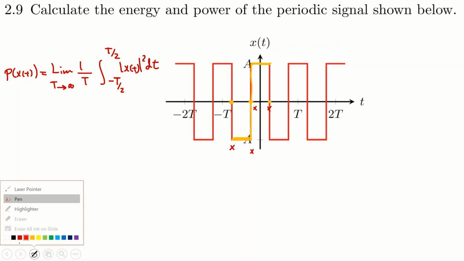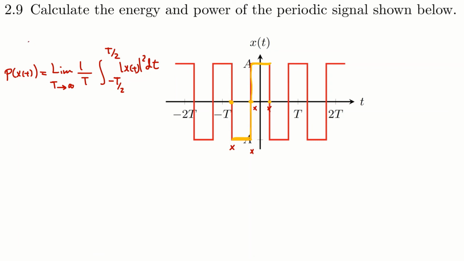This formula calculates the power of the signal, but for a periodic signal we don't need to take the limits of the integral. We just calculate the integral in one period of the signal. As I said, you can take any period you like, but I took the one you see here in yellow.